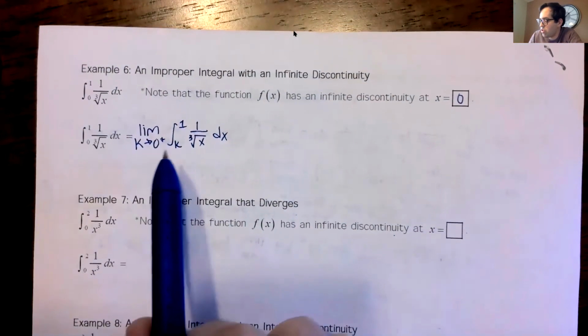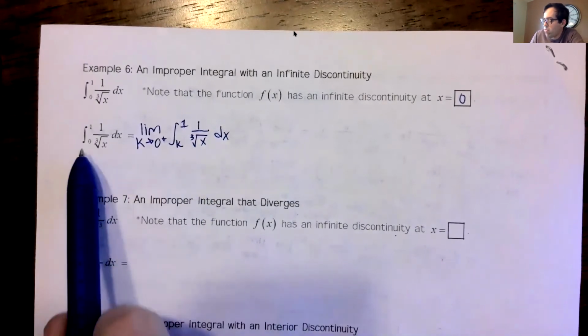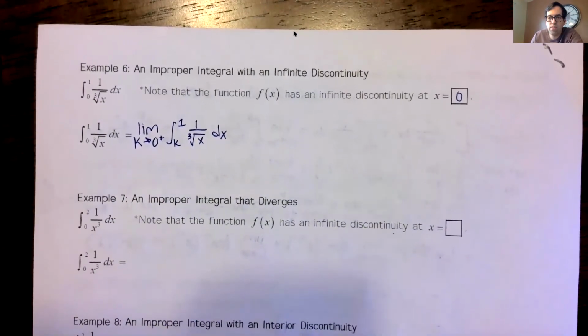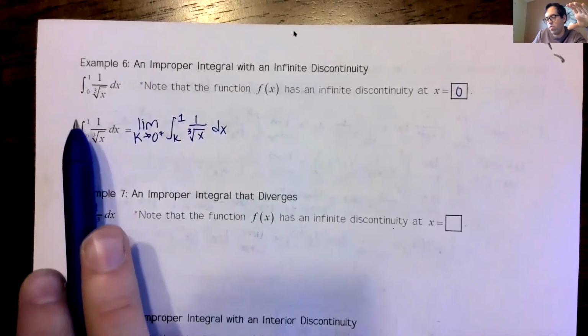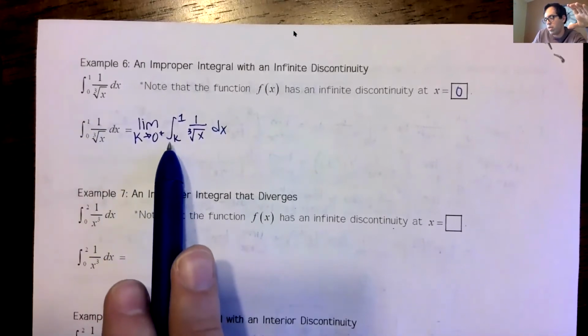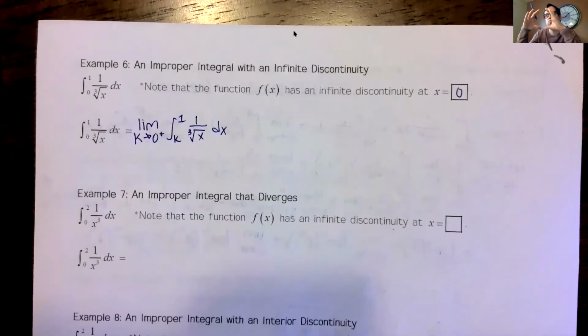Okay, so just to remind you, k is now representing 0 because 0 was the problem point. The closed interval from 0 to 1 would have to be fully continuous in order for us to actually evaluate that integral in its first form. Well, that's not true. So we're going to say from k to 1 as k approaches 0 from the right so that we can still evaluate in a proper way.